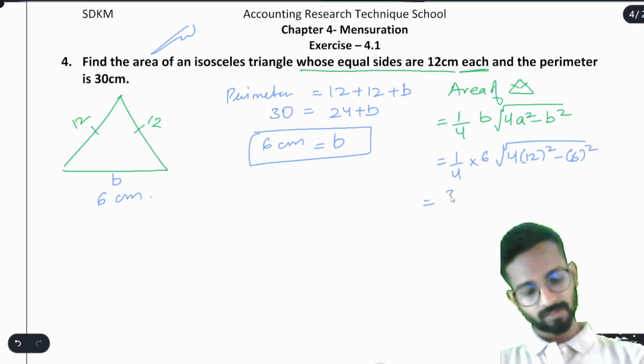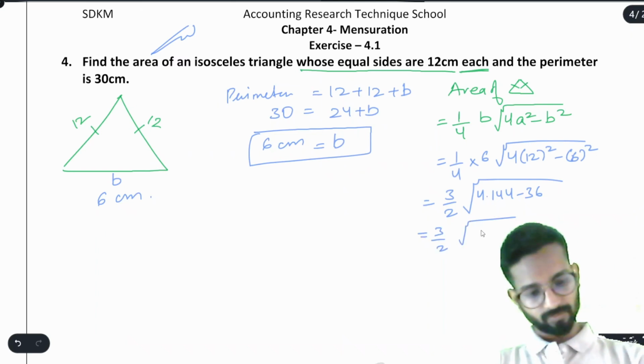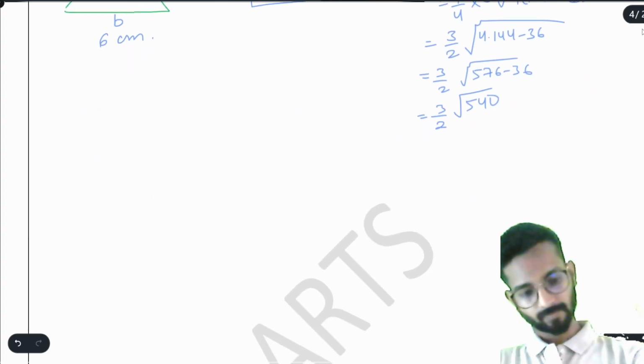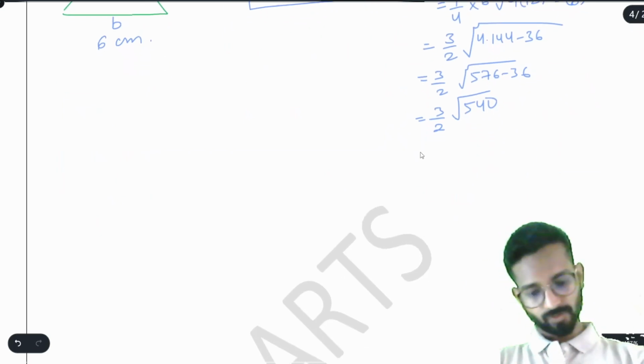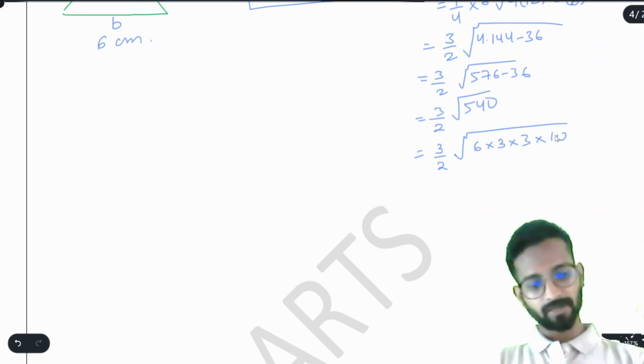So I can write here 3 by 2, root of 4 into 144 minus 36. You can say 3 by 2, root of 576 minus 36, 540. So you can write it 3 by 2 root of 6 into 3 into 3, 6 9s are 54, multiply 10.